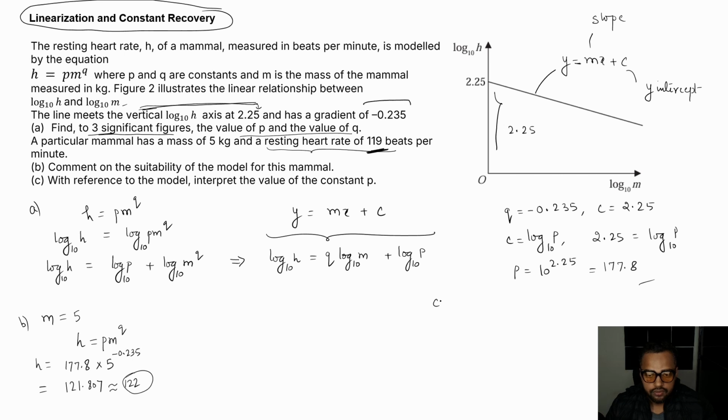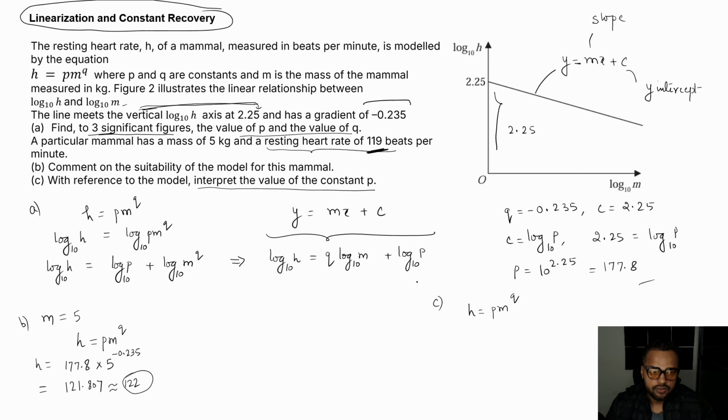Okay, so c part, interpret the value of the constant p. So if we are interpreting the value of constant p, with reference to the model, what will be the value of constant p? h is equal to p m raised to the power q. Okay, heartbeat.